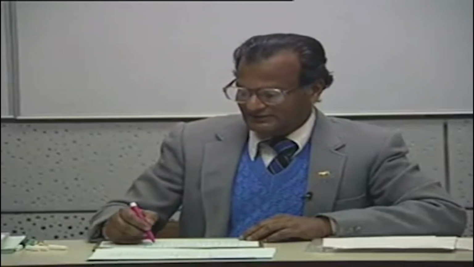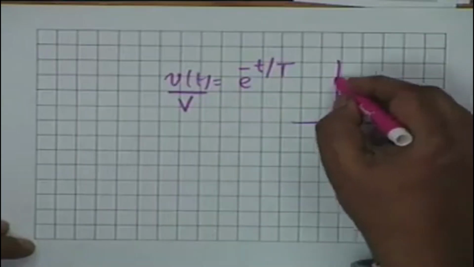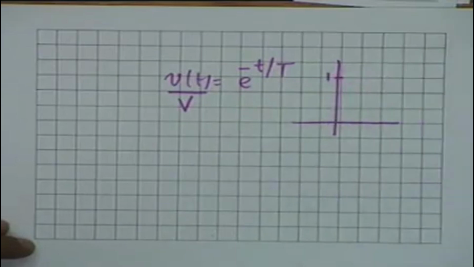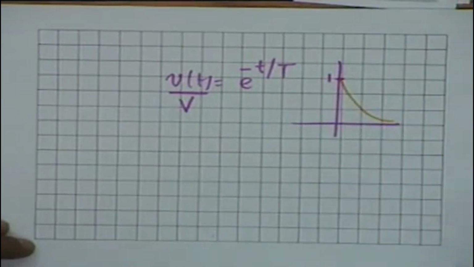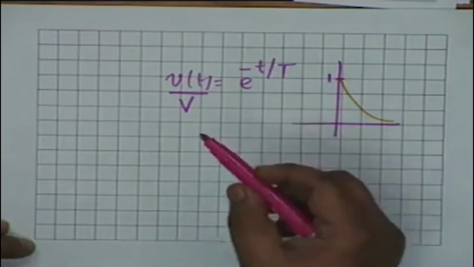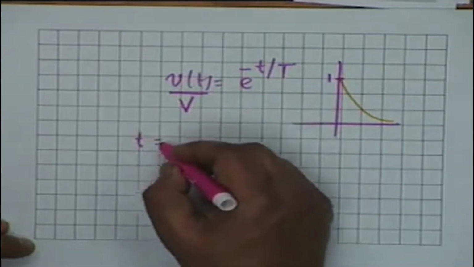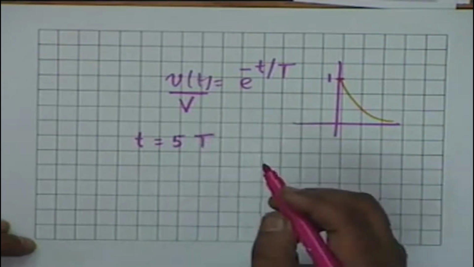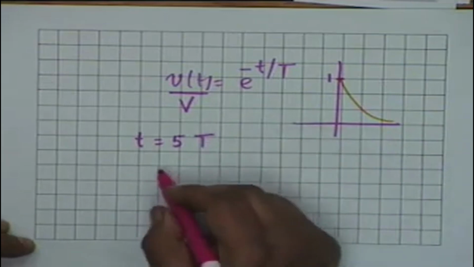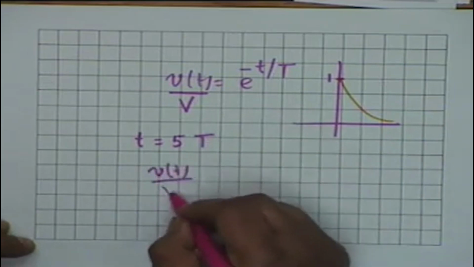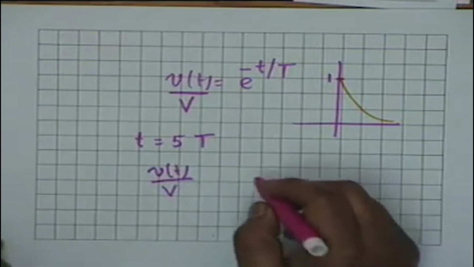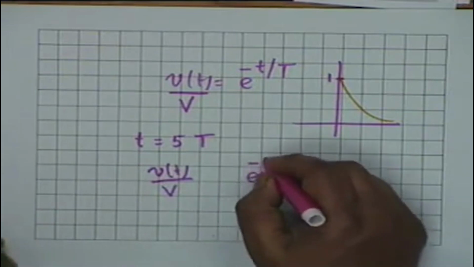In other words, v(t) by V is the normalized waveform, and it starts from 1, then it decays like this. It's very simple to show that if t is equal to 5 capital T, then the value v(t) by V decays from 1 to e to the power minus 5.